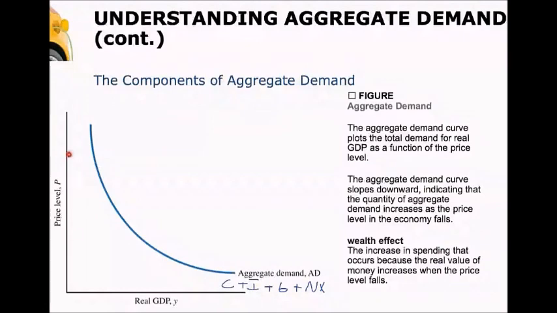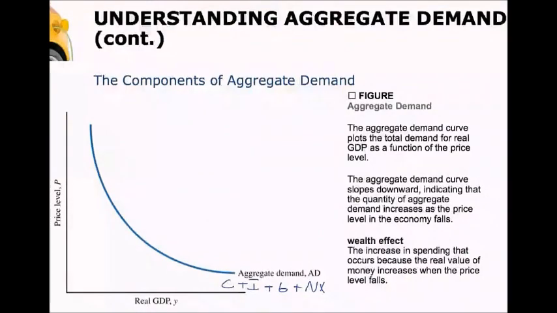Well, as the price level changes, the value of our nominal wealth changes as well. So suppose prices go up, any wealth that I have, which is valued nominally, like cash, so any cash that I have, no matter what the price level is, a $100 bill is worth $100. So as prices go up, that $100 bill becomes worth less in real terms.